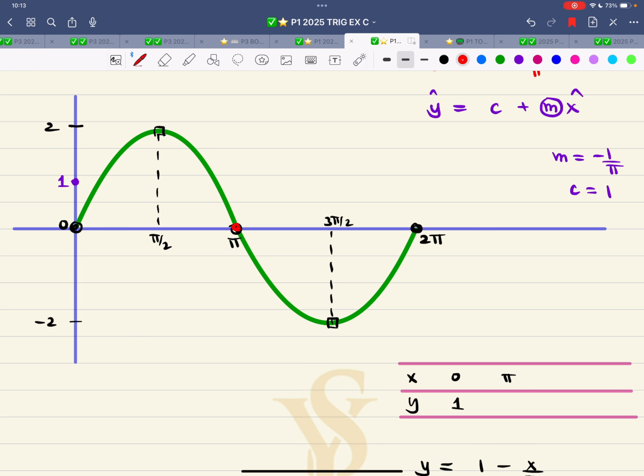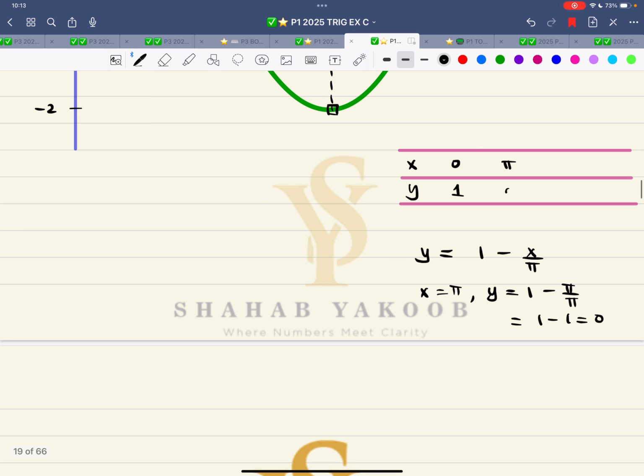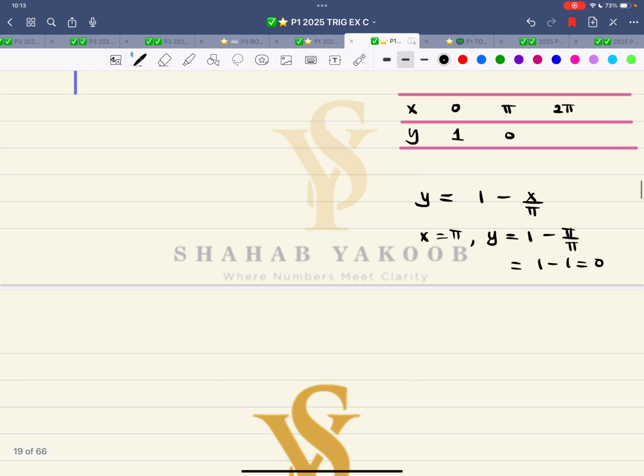And I think 2 points are good enough. So this is 1, this is 2, because these are very particular points. If you want, I can also plug in a third one. And let me now plug in terms of 2 pi. So when x is 2 pi, y is 1 minus 2 pi over pi. Pi cancel, 1 minus 2 is negative 1.